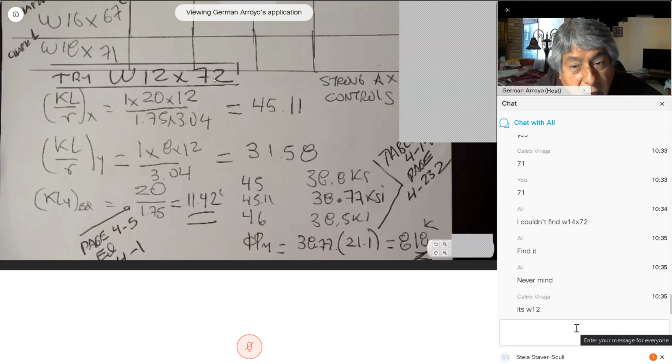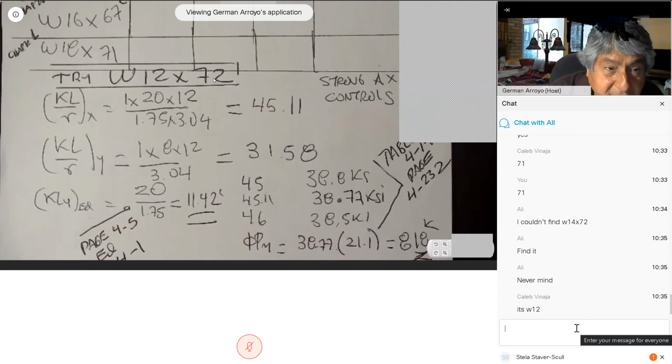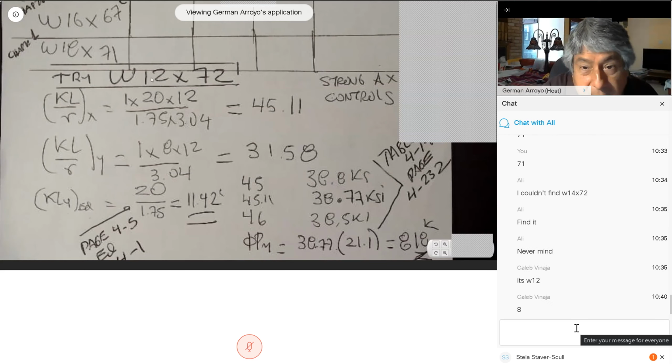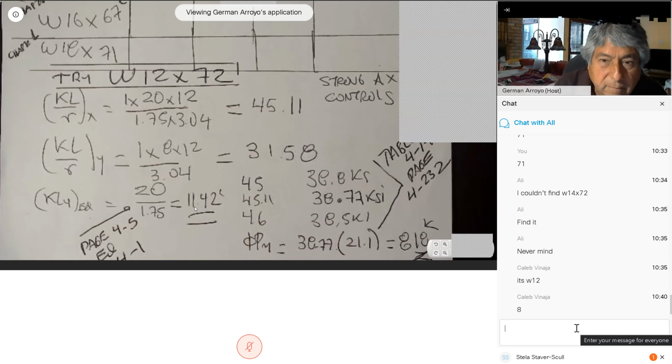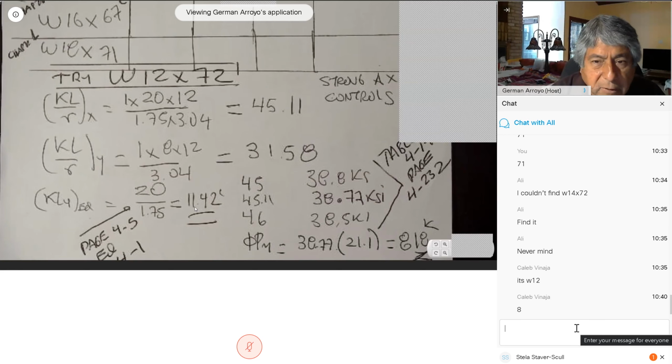You use how many feet of unbraced length? You used 8. Now, instead of going with 8, go with 11.42. For the same section, W12 by 72, go with 11.42, almost 11.5, and tell me what you find for the phi Pn in the same table. Just eyeball it. What do you find approximately?